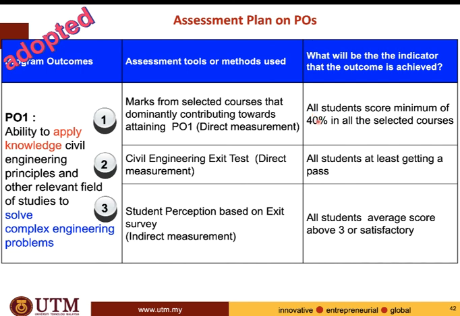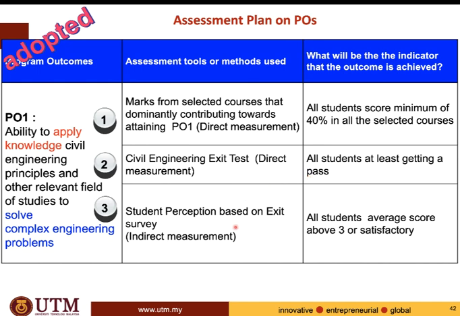They will mark the paper and see that all the students score a minimum of 40 in all the selected courses, then we consider that PO1 has been achieved. And secondly, we use the civil engineering exit test because this gives us confidence that before the students graduate, all the fundamental knowledge on civil engineering has been tested and passed.